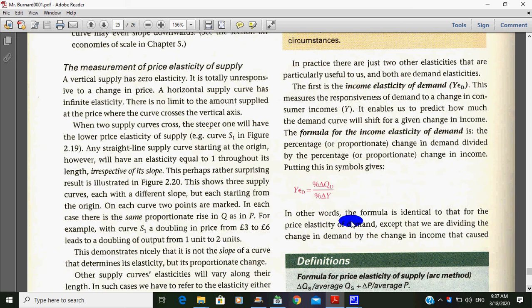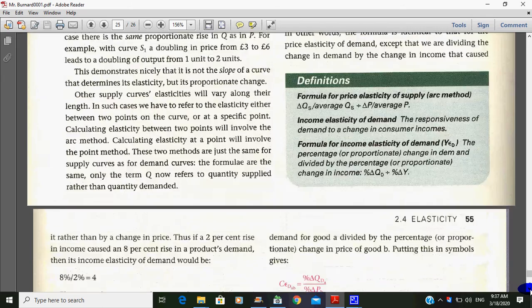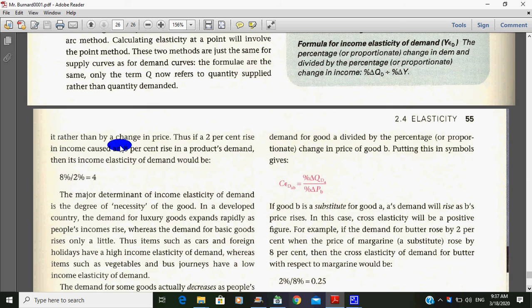So the formula is identical to that for the price elasticity of demand, except that we are dividing the change in demand by the what? Change in income that caused it rather than by a change in price. Thus, if for example a 2% rise in income causes an 8% rise in a product's demand, then its income elasticity of demand would be what? 8% divided by what? 2% is equal to 4.